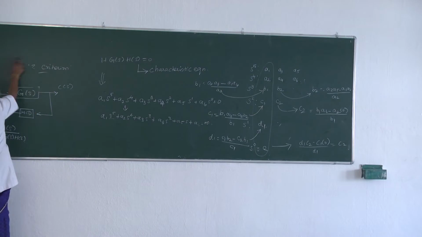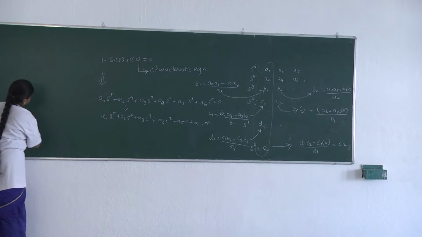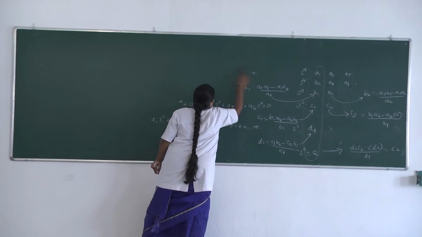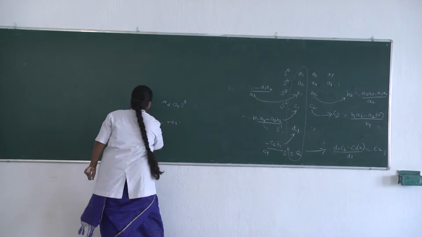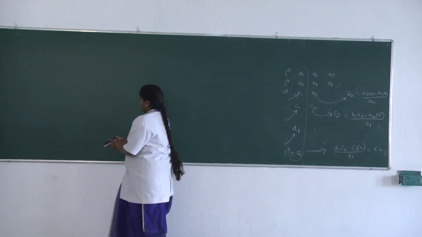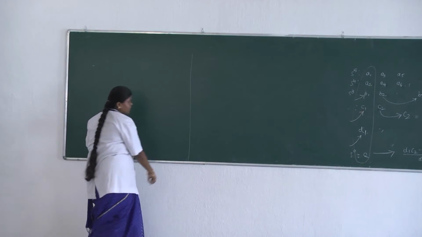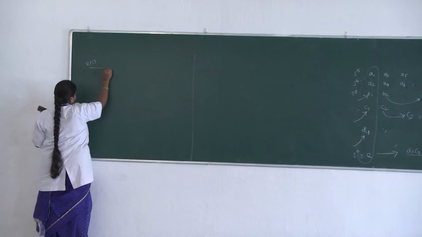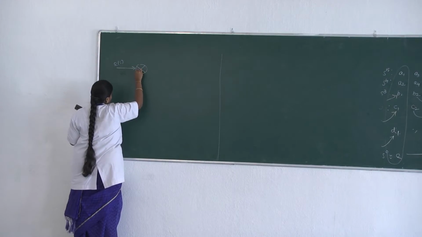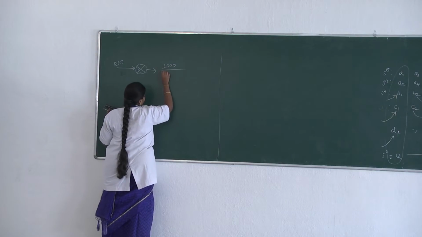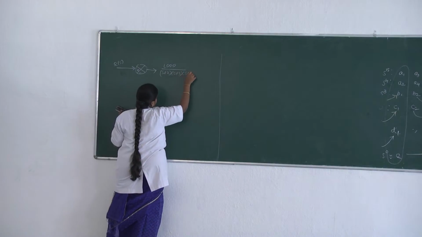Let me consider a system with the input R of S. Let me consider a unity feedback system with the transfer function 1000 divided by S plus 2 into S plus 3 into S plus 5.